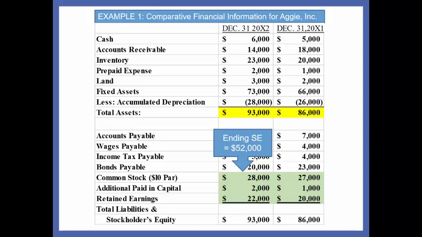The average of those is going to go in your numerator. In your denominator, your ending stockholders' equity at the end of 20x2 is $52,000. It includes the common stock, the additional paid-in capital, and the retained earnings. At the beginning of the year, or the end of 20x1, those add up to $48,000.